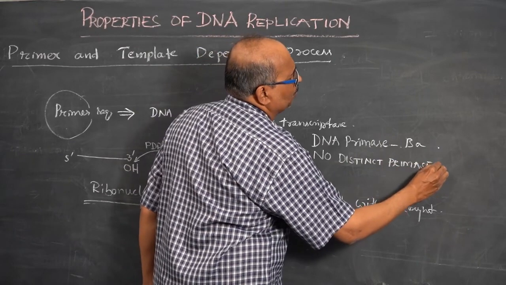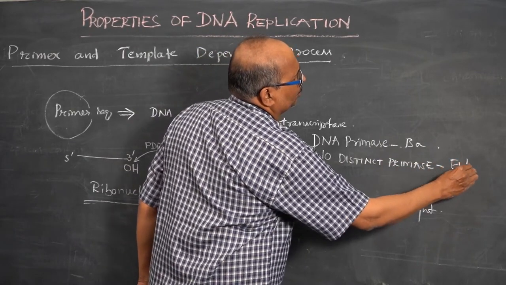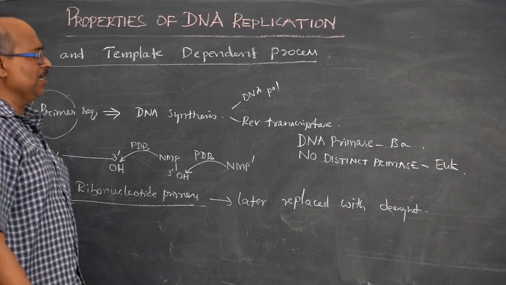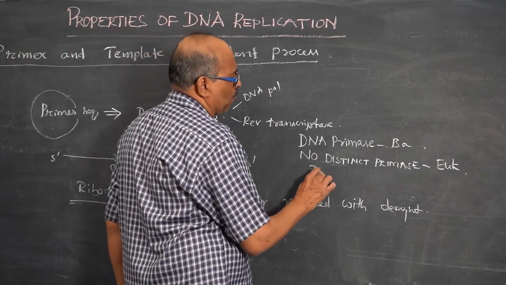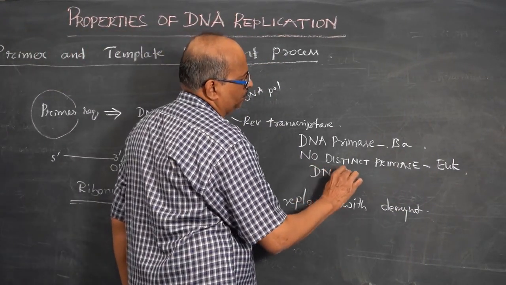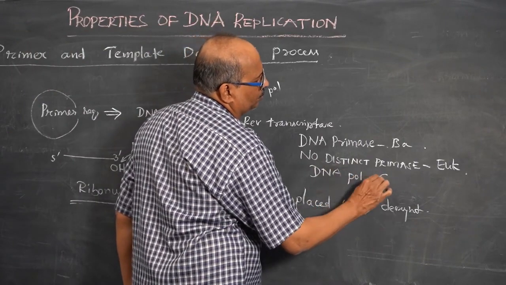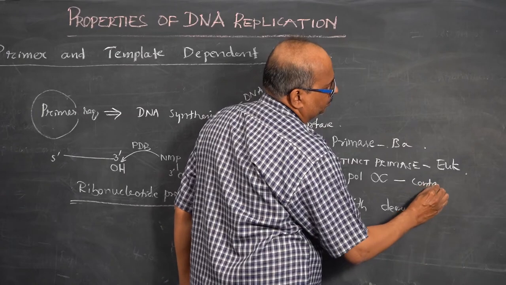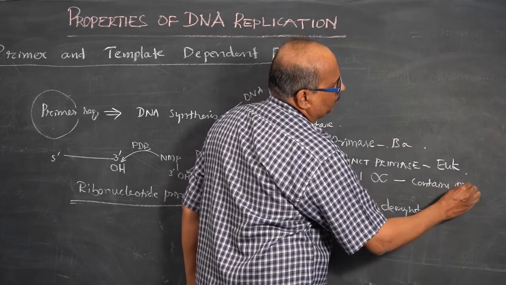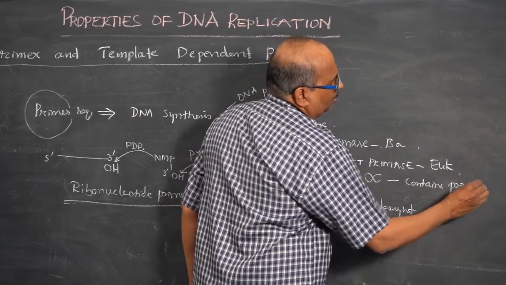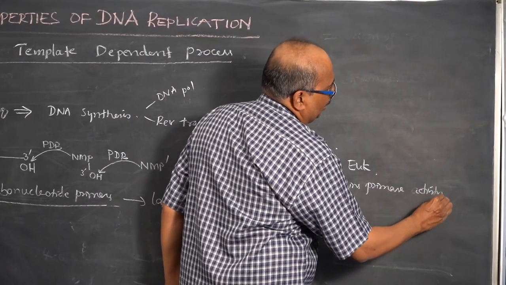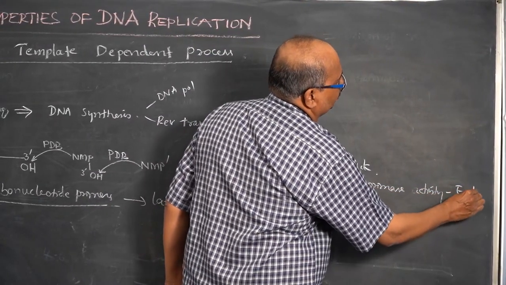So you don't have a separate primase enzyme in eukaryotes. The primase activity is taken by DNA polymerase alpha. So it contains primase activity, and it is the one that synthesizes the primers for both the leading and the lagging strands.